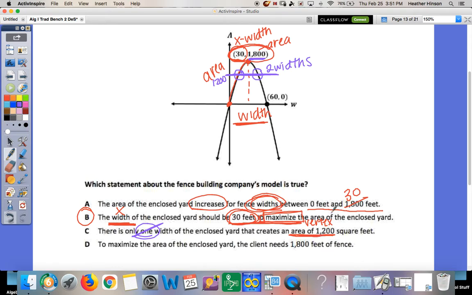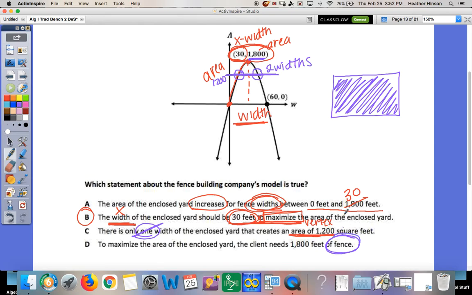To maximize the area of the enclosed yard, the client needs 1,800 feet of fence. Now this one's a little tricky because your maximum up here is 1,800 feet. However, the 1,800 feet is the area. So if you're looking at a rectangular yard, the 1,800 feet is all of this inside. All this is talking about is 1,800 fence for the fence. The fence is just the border. The border of your rectangle, that's your perimeter.